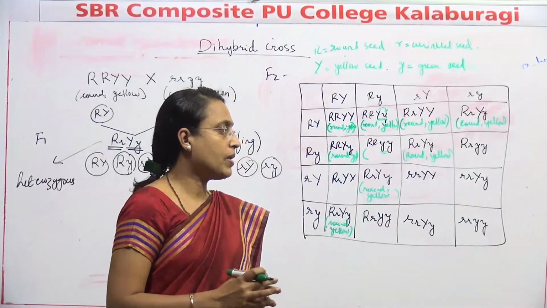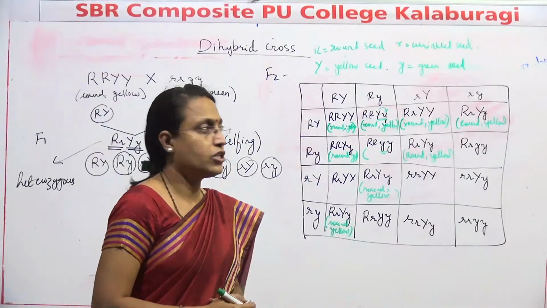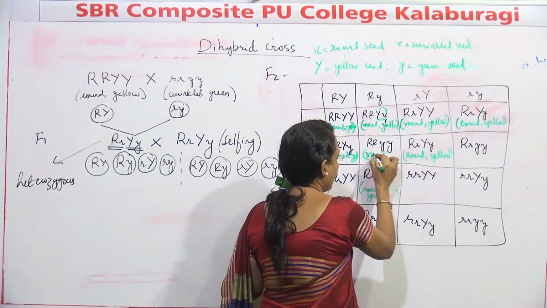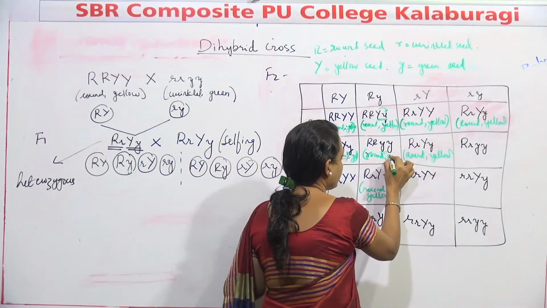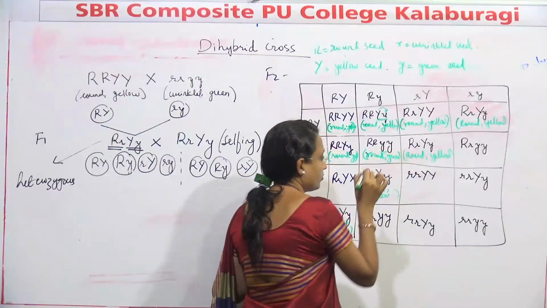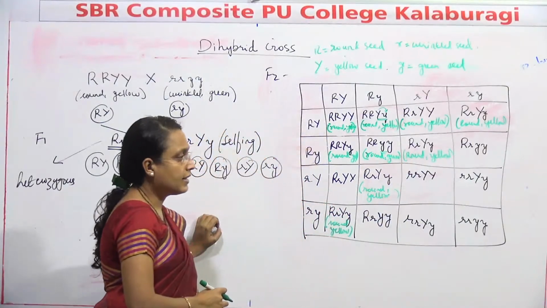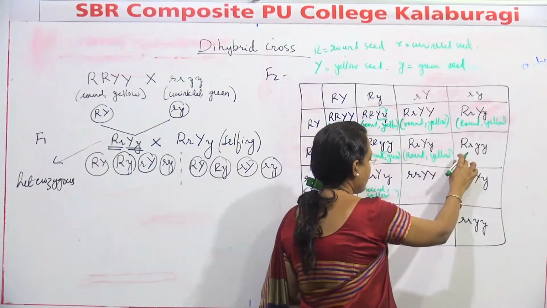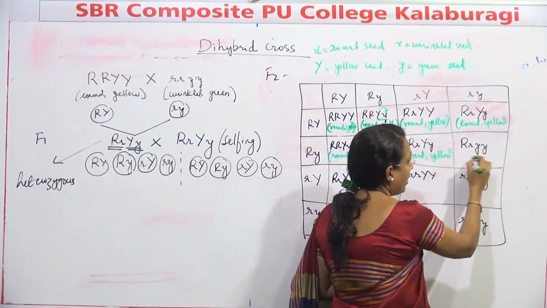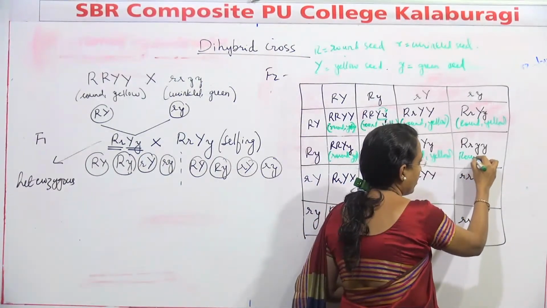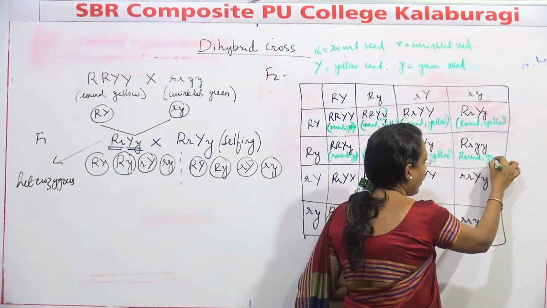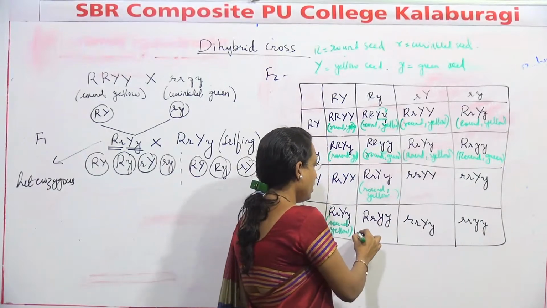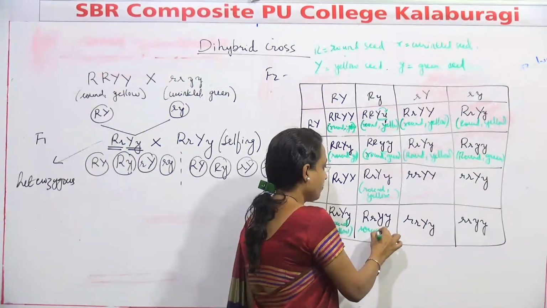In this case, therefore, it will be round and green. The next will be this one, round and green here again. Here also it is going to be round and green.